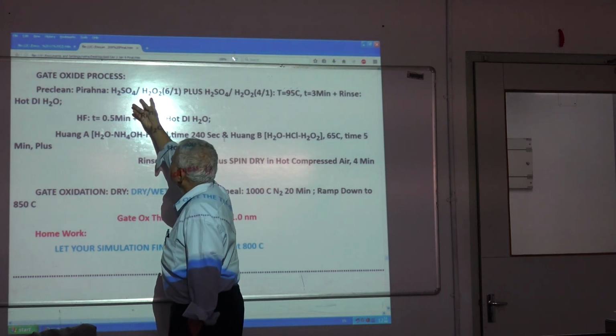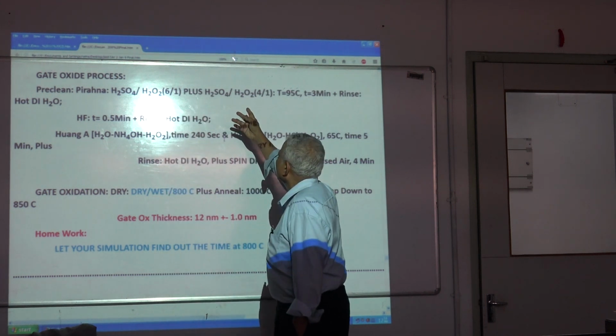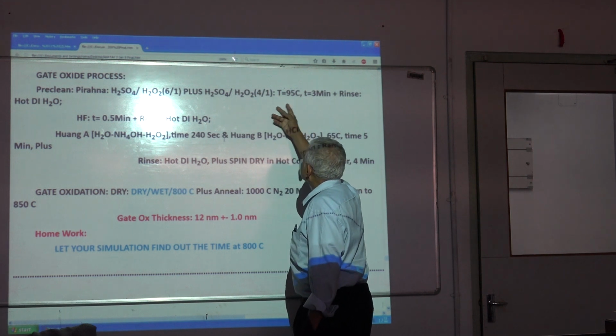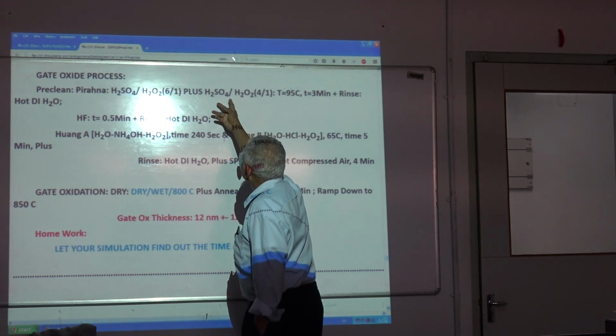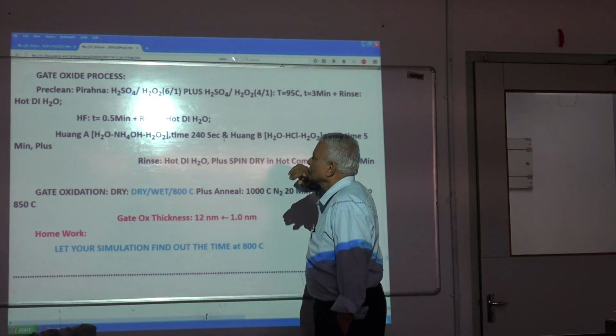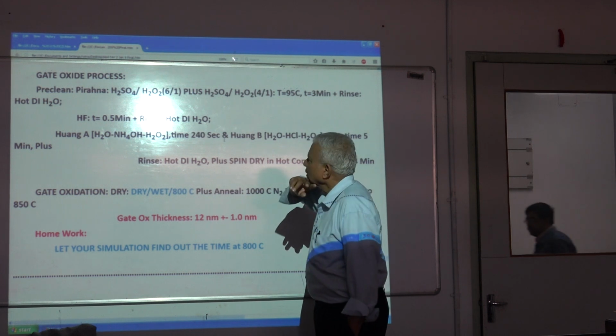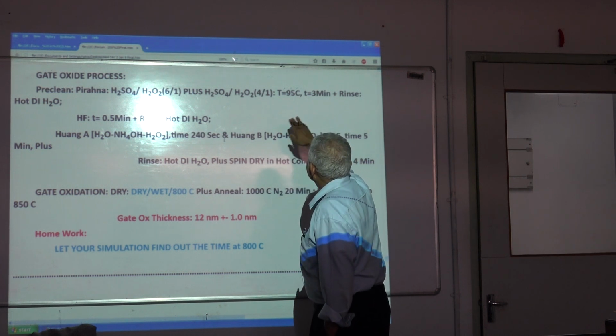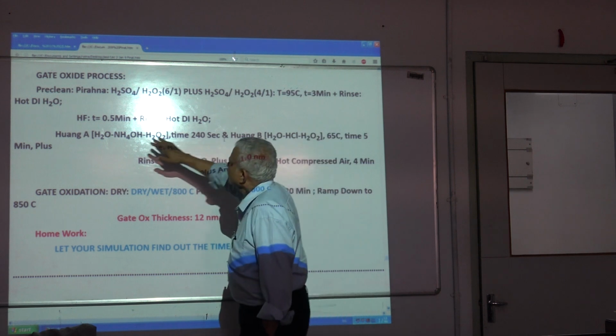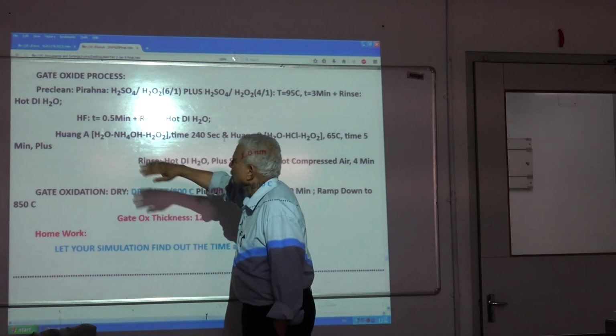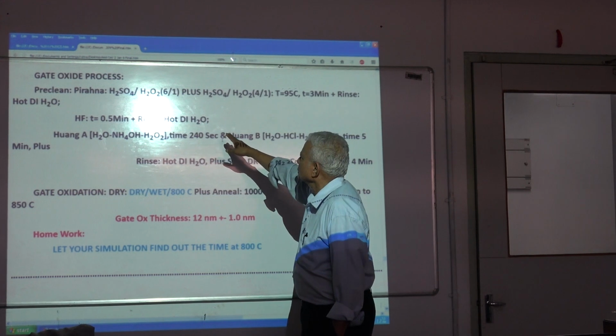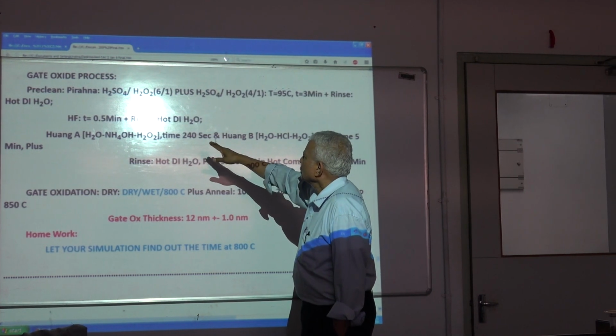The acid cleans are to get rid of the metallic particles, and the so-called H2O2 sulfuric clean is to get rid of the alkaline materials. Temperature, time, and hot DI water, very clean DI water, are extremely essential.